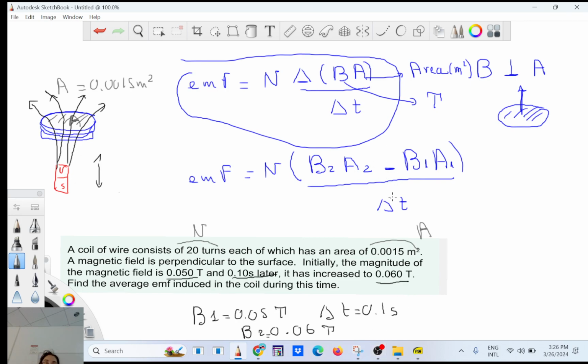Okay, so now you have everything. Can you find the EMF? So you can talk to each other. Because if you bring the magnet closer, you're going to have a stronger magnetic field, and you move the magnet away, the magnetic field will be weaker.